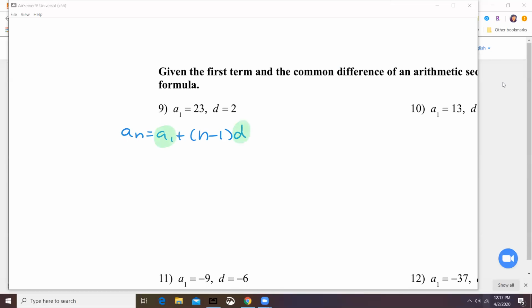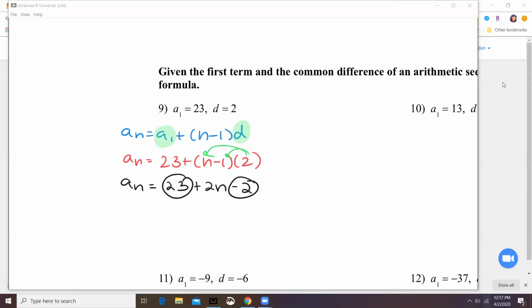So a sub 1 is 23, and then n minus 1 times 2. And then we would just go through and simplify it like we just did on that last one. So 23 plus 2n minus 2, and then combine like terms, and you have 21 plus 2n, or you could say 2n plus 21.